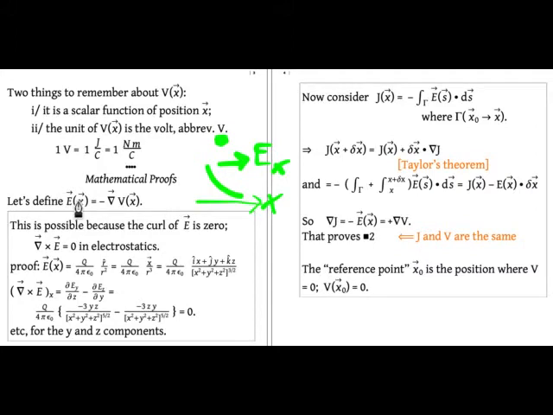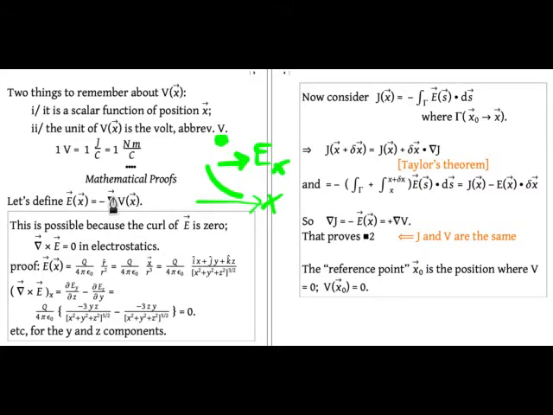All right, now can we always define a function V such that E is minus gradient V? Actually, it's not so obvious, because the curl of the gradient is always 0.